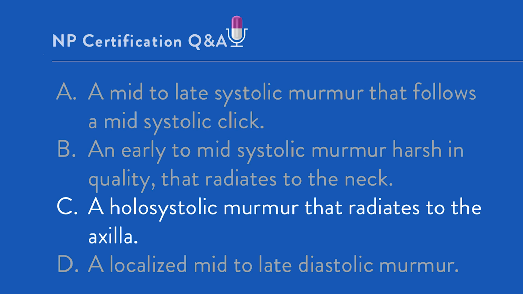Option D, which we obviously know is incorrect, a localized mid to late diastolic murmur. This describes the murmur of mitral stenosis, a condition that is most often associated with rheumatic heart disease. If mitral stenosis is due to rheumatic heart disease, there will also invariably be some degree of mitral regurg.